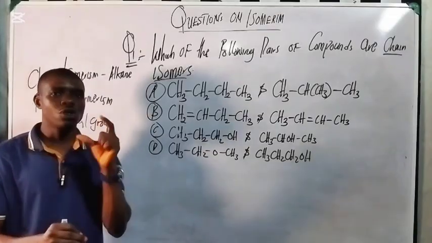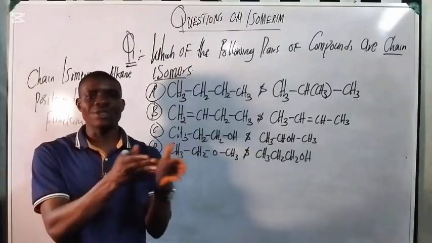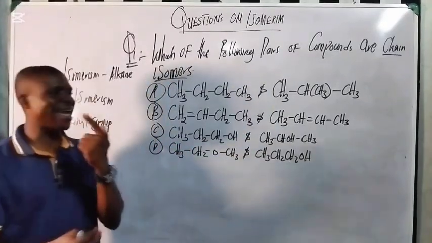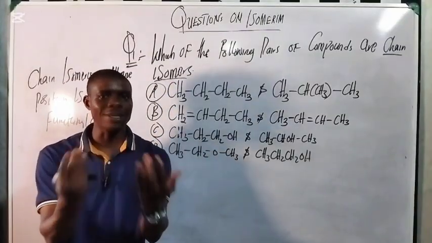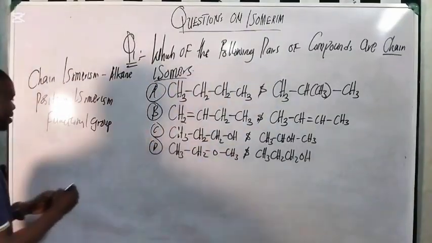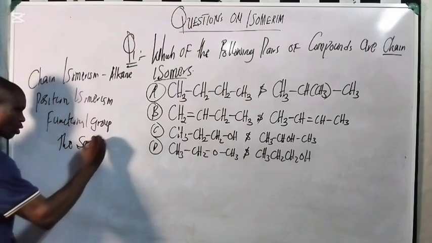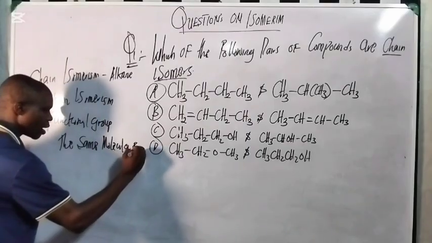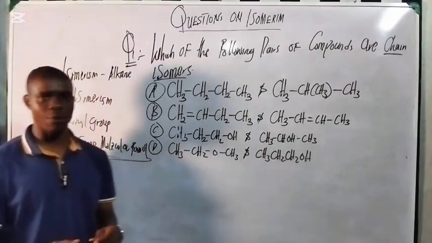But understand that two or more compounds can only be isomers of each other when they have the same molecular formula.